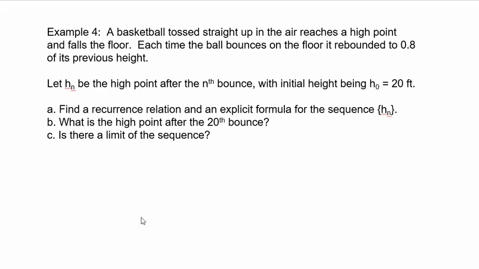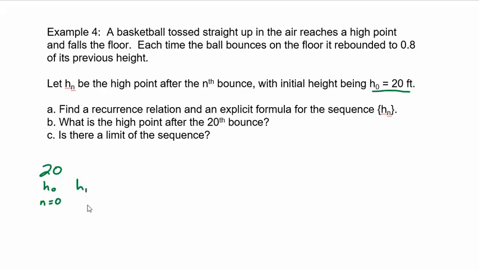So something that's a little bit different here is we have h sub 0 equals 20. So that means our first term in our sequence is 20, and we're letting that be h sub 0. So basically this is when n equals 0.